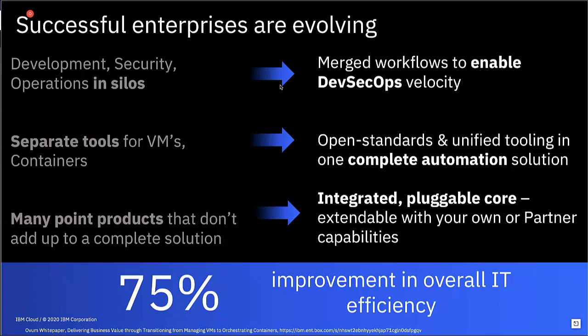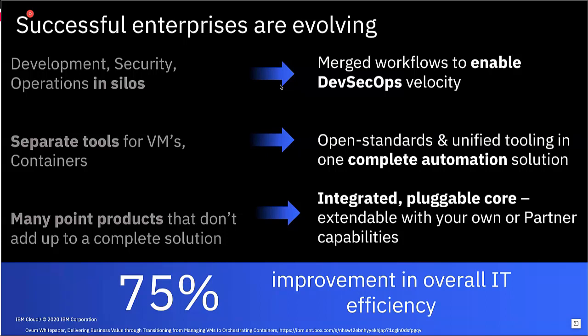From a background perspective, if you look at what's happening in our clients' environments, the traditional IT is being transformed quite drastically as they modernize their applications, as they build new cloud-native applications. And almost all the clients actually now have a hybrid multi-cloud environment.